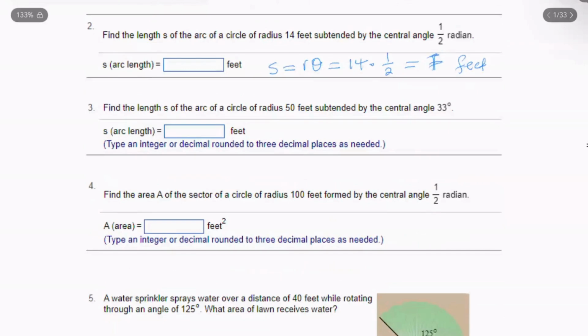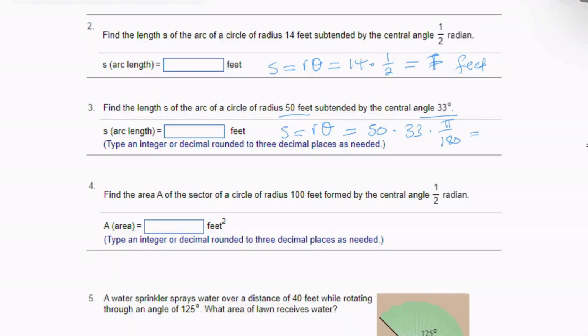In question 3, we have find the length S of an arc of a circle of radius 50 feet and the central angle 33. The difference between 2 and 3 is that in 3, your angle is in degrees, which needs to be converted to radians. So again, S is radius multiplied by theta, where the radius is 50 multiplied by the angle, 33, converted to radians, so we multiply by pi over 180 degrees.